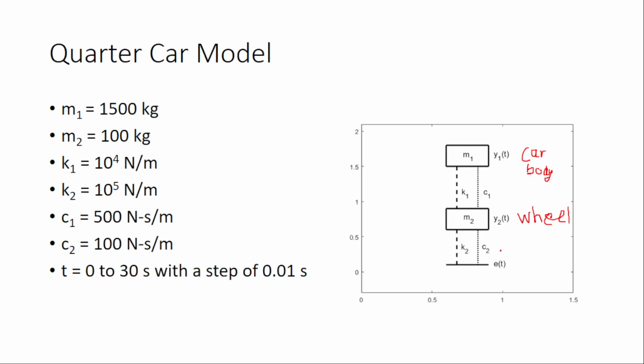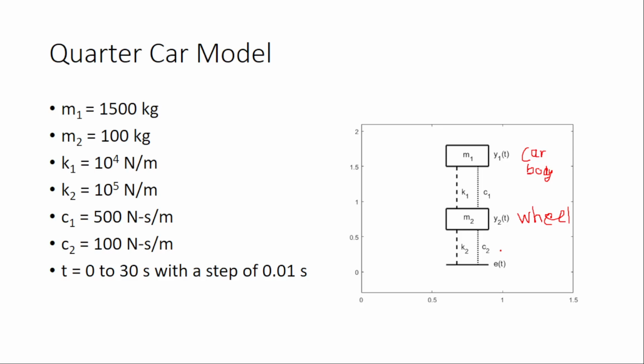I have selected some suitable values of the mass, stiffness and damping characteristics which are representative of a particular passenger car. The car body will weigh around 1500 kg, whereas the combined weight of the wheels will be around 100 kg.